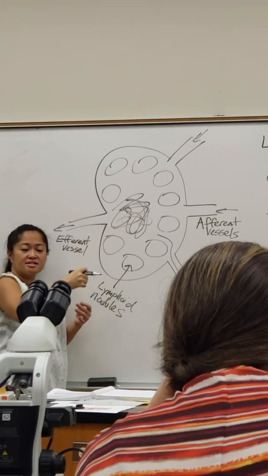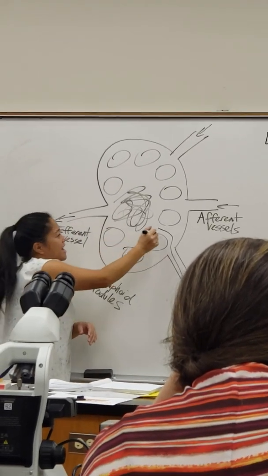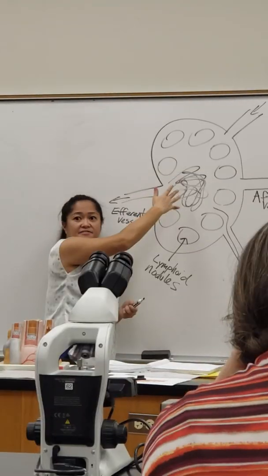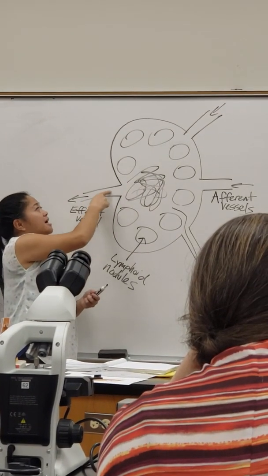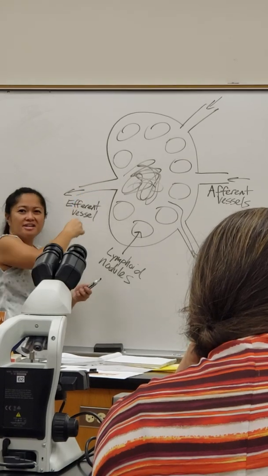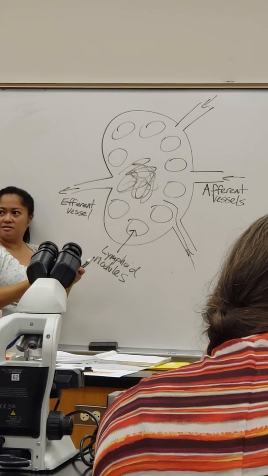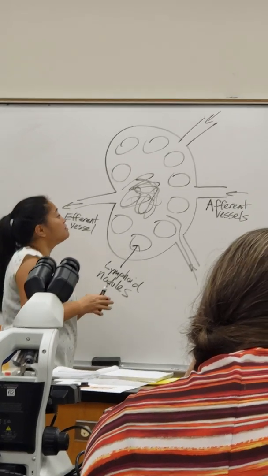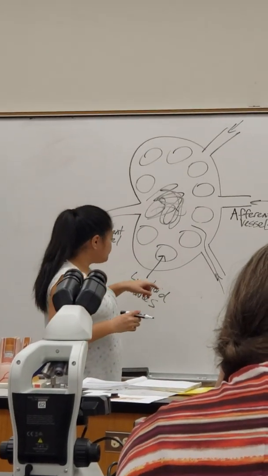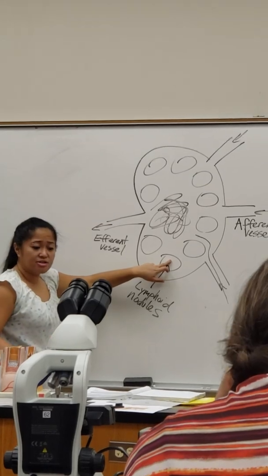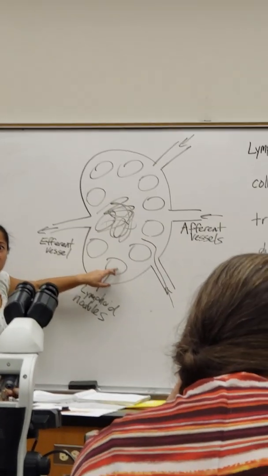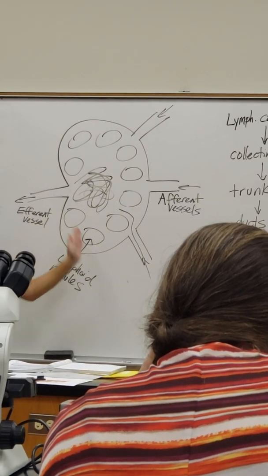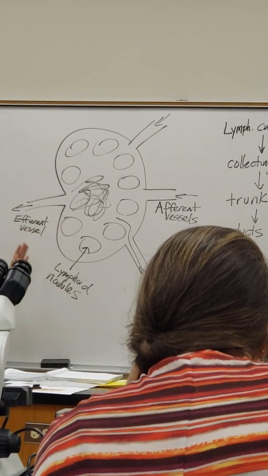Macrophages eat things. So as it passes through that maze, the macrophage is going to try to eat whatever's left in here. So hopefully by the time it gets through the efferent, it's relatively clean. Does that make sense? Okay, so your lymphoid nodules contain your lymphocytes to fight against the pathogens as it passes through in between there. Okay.